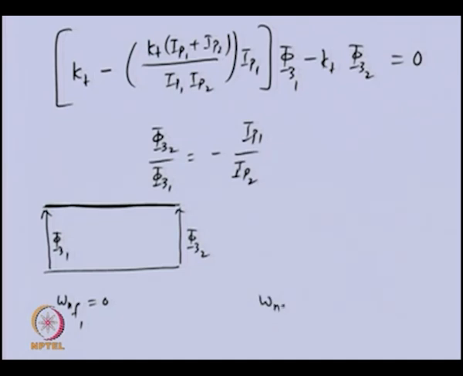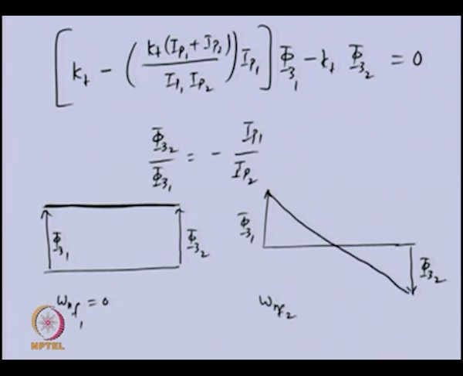And for the second natural frequency, as we have seen in this expression, if one disc has displacement in the positive direction, the other disc should have negative displacement, and the shaft displacement will vary linearly in between.